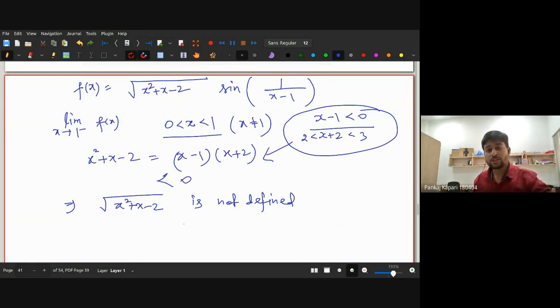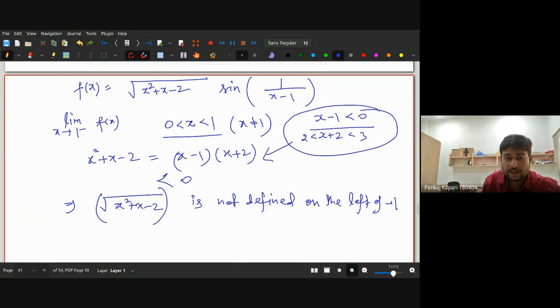So because the function is not defined near 1, or on the left of 1, in particular f x is not defined there. So f x is not defined on the left of 1, and therefore the limit cannot exist.